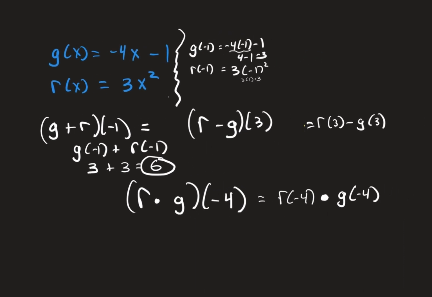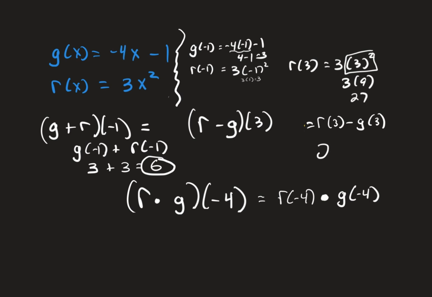The next one, we're going to take r of 3 minus g of 3. Okay, so I'm going to find r of 3. So my r function is 3x squared. So that's going to be 3 times 3 squared. Again, you have to do the squared first. 3 squared is 9. So this is going to be 3 times 9, which is 27.